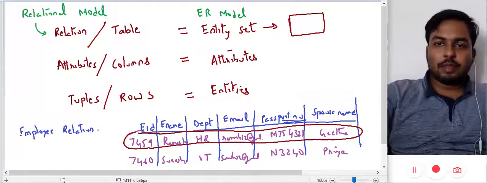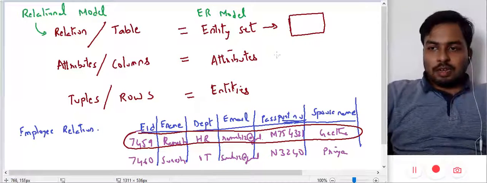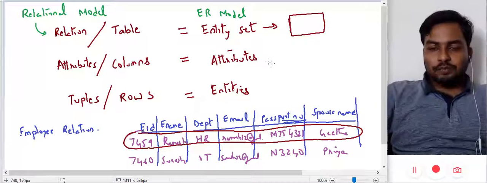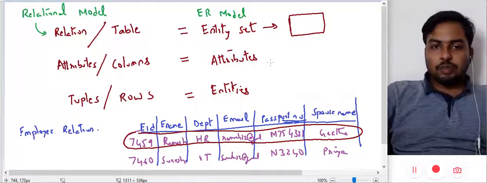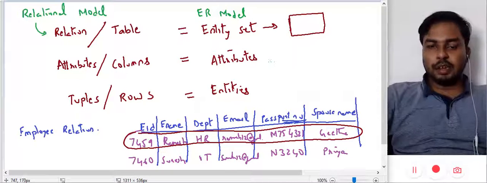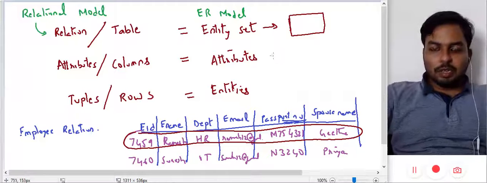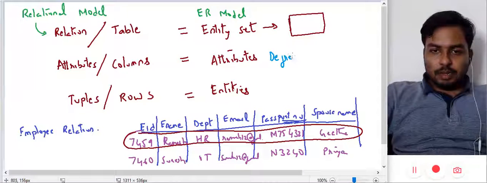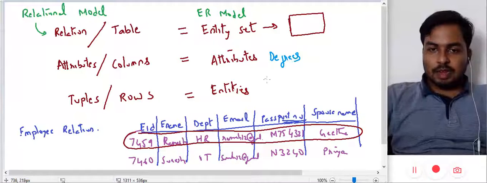Next. There are two terms that are often confusing. They are repeatedly used in the textbooks, are also asked in the exams, and are confused. Remember degree and cardinality.